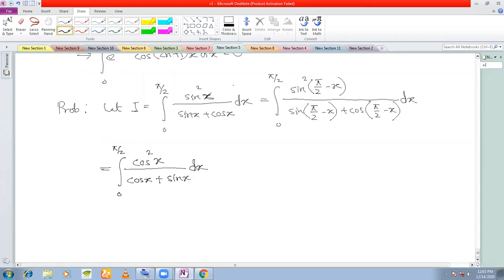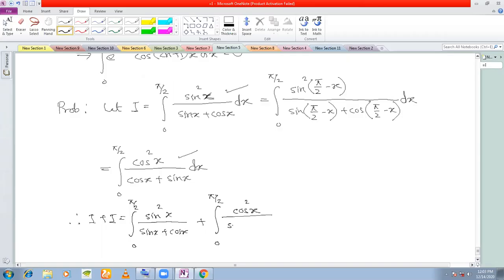So now what are we getting? I is equal to this and I is equal to this. So we add these two. Therefore, I plus I is equal to integral 0 to pi by 2 sine square x by sin x plus cos x. Also, this is integral 0 to pi by 2 cos square x by sin x plus cos x dx.